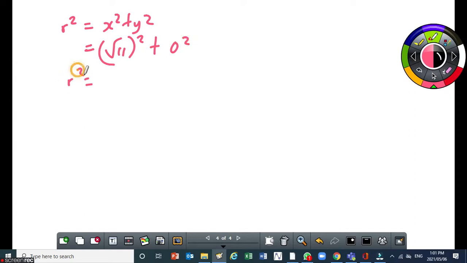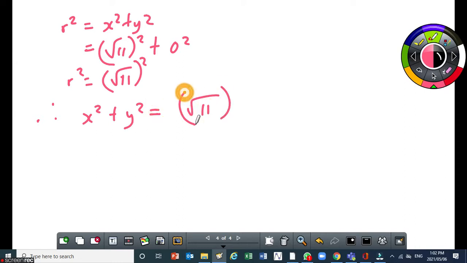So my r squared is going to be the square root of 11, all squared. Now here, I'm not going to try and square that square root of 11 to find r. I'm not going to do that. So straight away I'll write my equation. It's going to be x squared plus y squared equals the square root of 11, all squared.